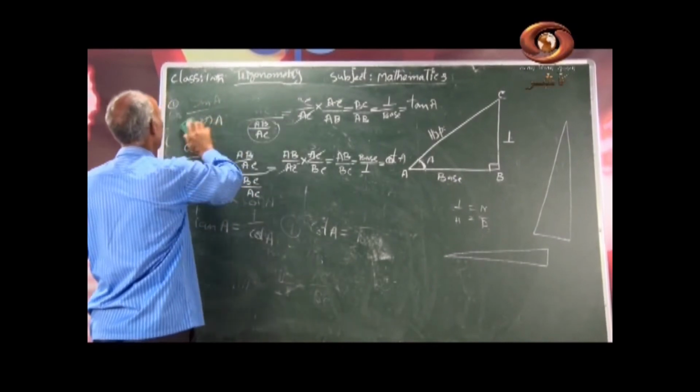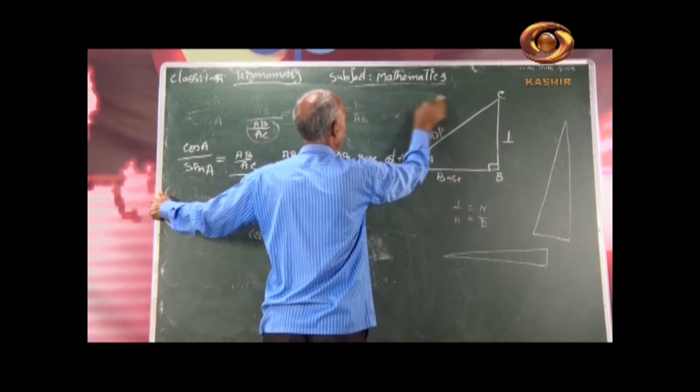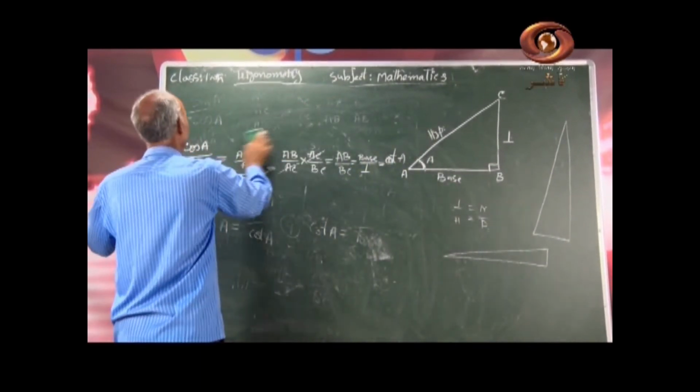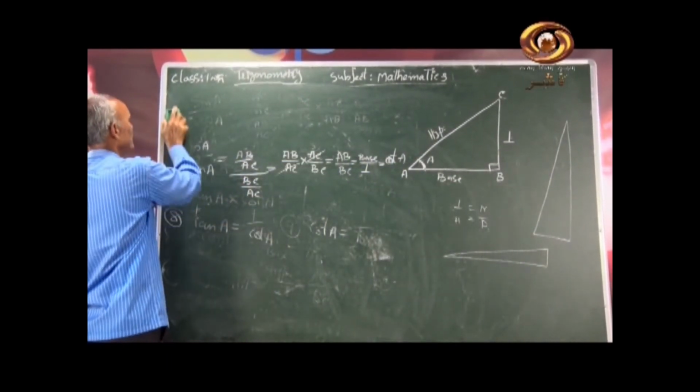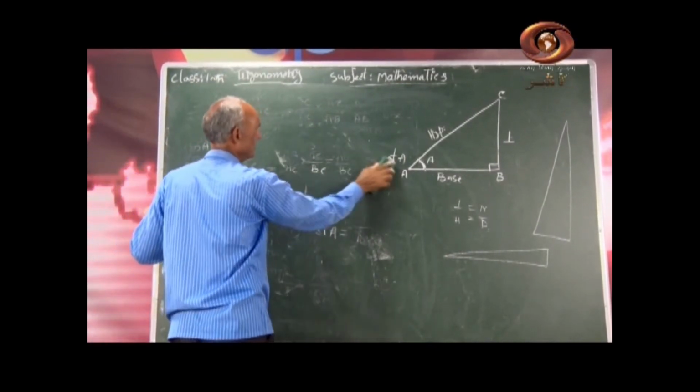We can find, if we know one ratio of a triangle, we can find the other ratios as well. Suppose we will take an example for that.